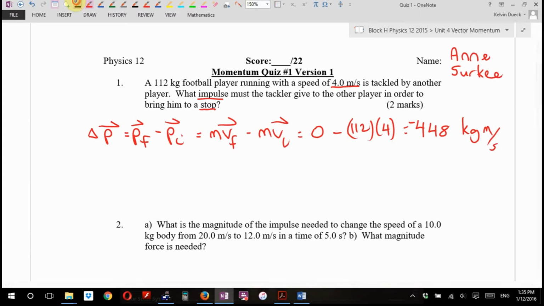I would give you 1 mark for that, half mark for that, half mark for the answer, but if you got the right answer, 2 out of 2. Why negative? This person lost momentum.